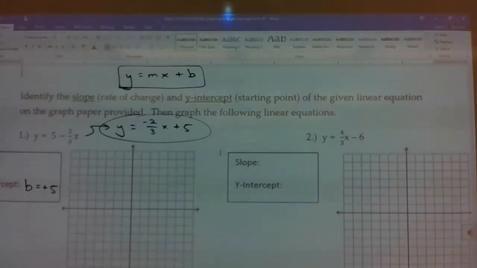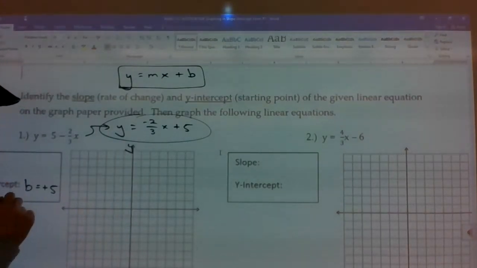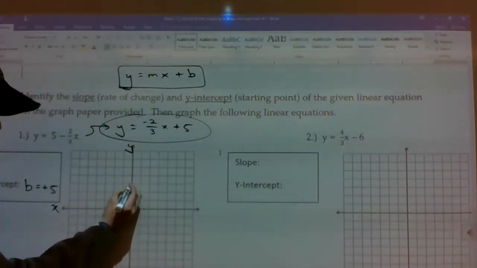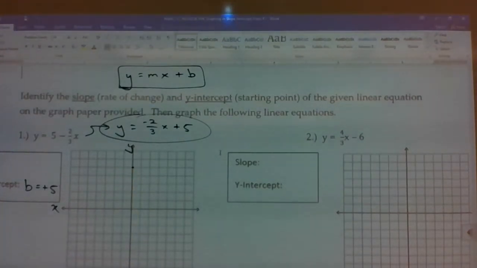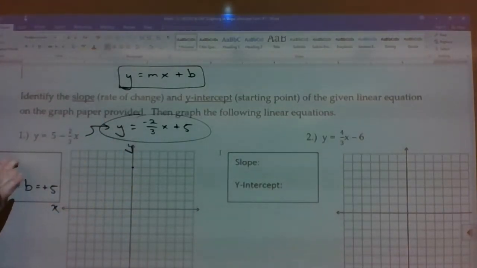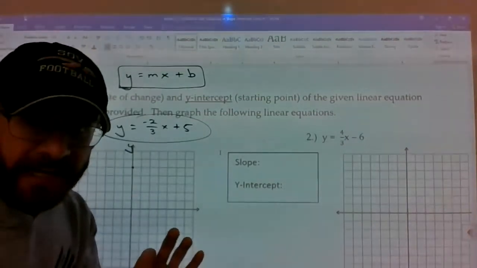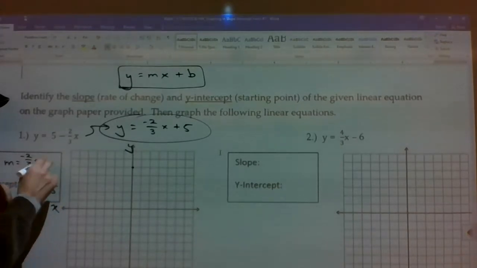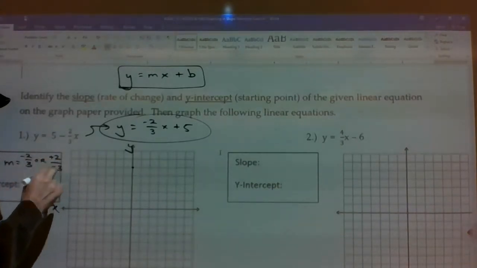Which means we have a starting point or a y-intercept of b equals positive 5. So that means that we're going to start on the y-axis. Remember, the vertical is y every time. The horizontal is x. Start 1, 2, 3, 4, 5 units above. And then if m equals negative 2/3, what that means is that either the top is negative and the bottom is positive, or the top is positive and the bottom's negative.